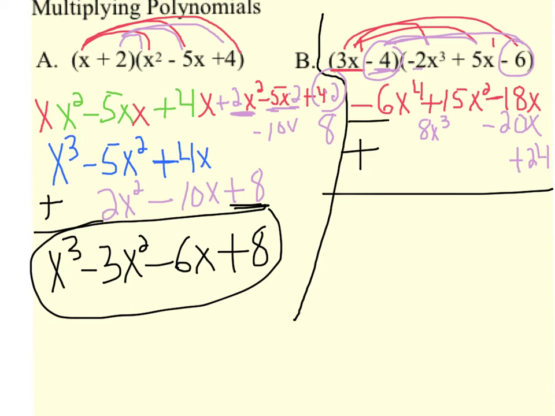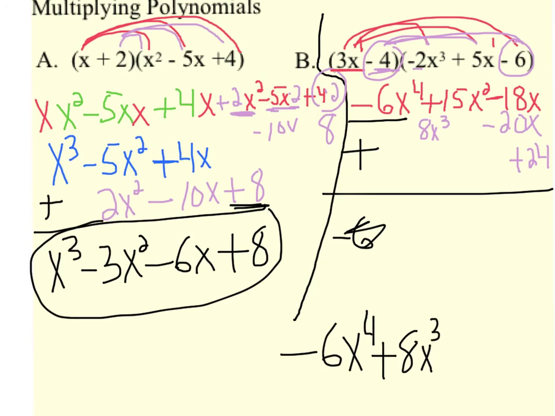So I have negative 6, we'll write it down here, negative 6x to the fourth, that has no partner. Next, I have 8x to the third, so I'll add that.